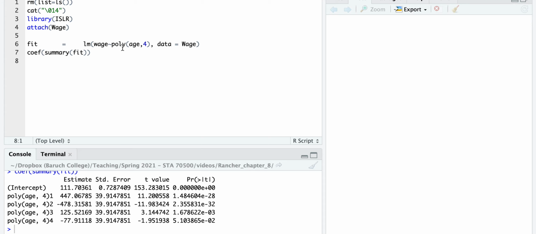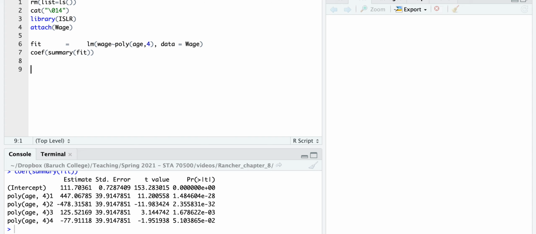So what is happening here? We load the wage data, we fit polynomial of age 4. What does this mean? It creates a 4th degree polynomial. So instead of writing the long formula with powers of age, we can just use this.